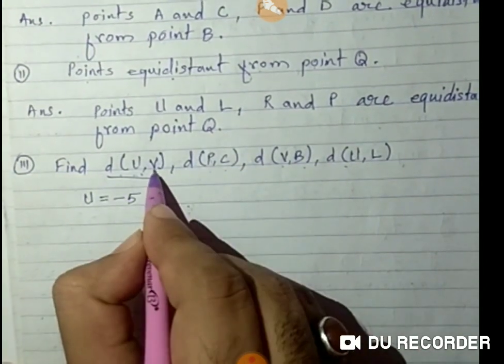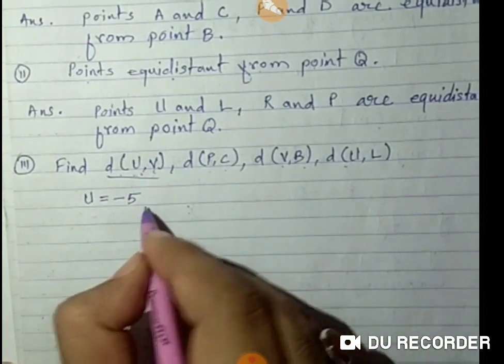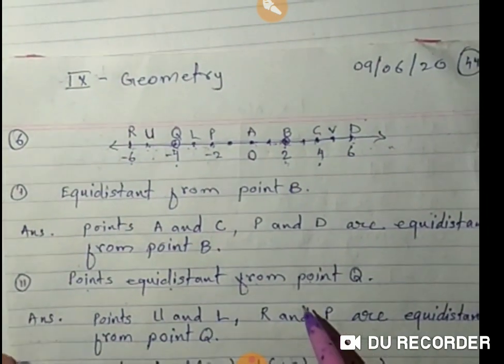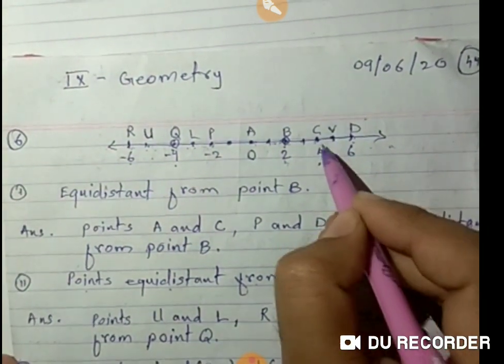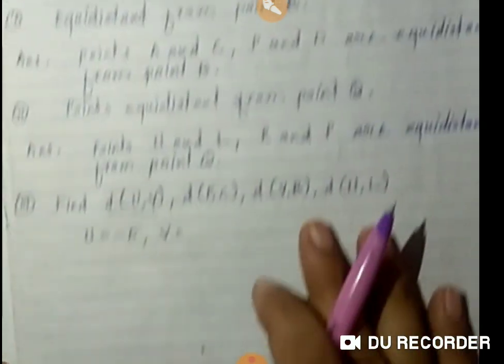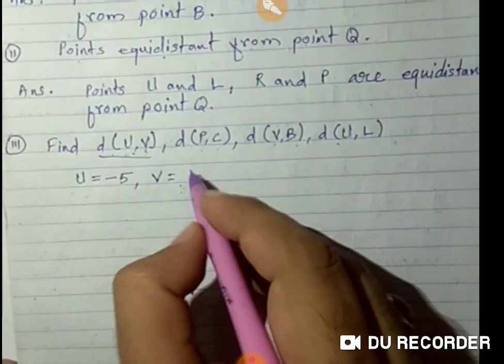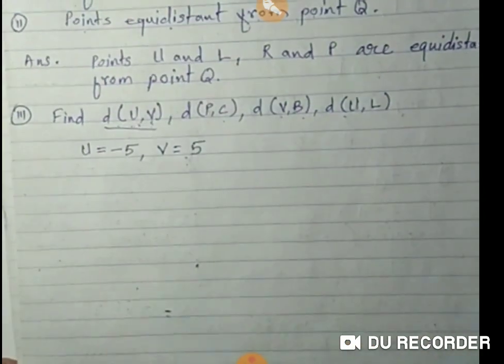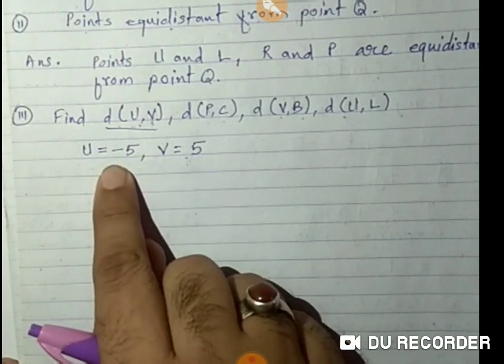Then coordinate of V. In our number line, here we have V, C is 4, so V should be 5. So coordinate of V is 5. Since this is positive 5, this is negative 5.